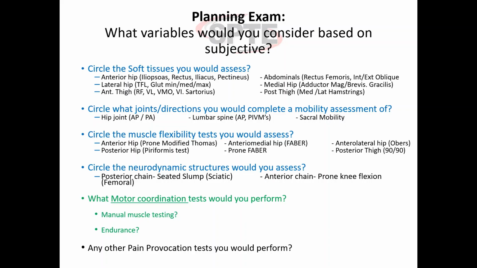And then also looking at flexibility tests, multi-joint structures, including the anterior hip, we're looking at prone knee flexion, as well as the prone modified Thomas test, posterior hip, anterior medial lateral hip, and then also prone FABER and anterior lateral hip of Ober's and posterior thigh at 90-90.